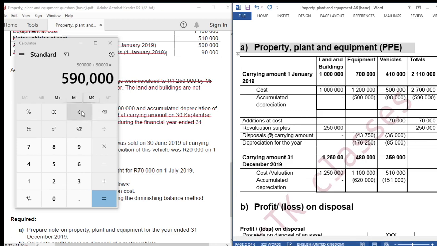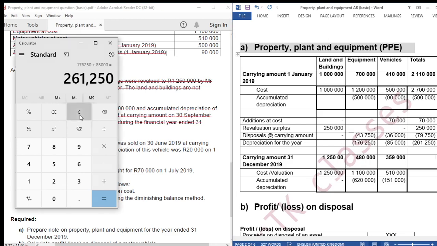Then here, 43,750 plus 36,000. That's 79,750. Then here, 176,250 plus 85,000. That's 261,250. Don't forget that this is in brackets.